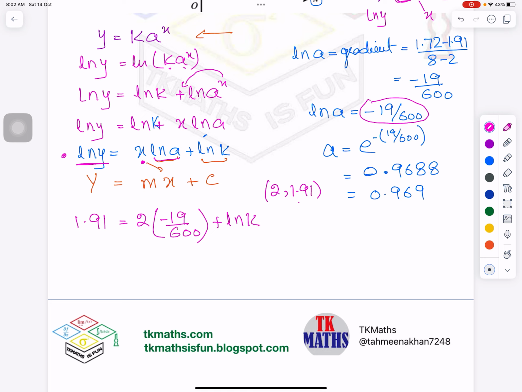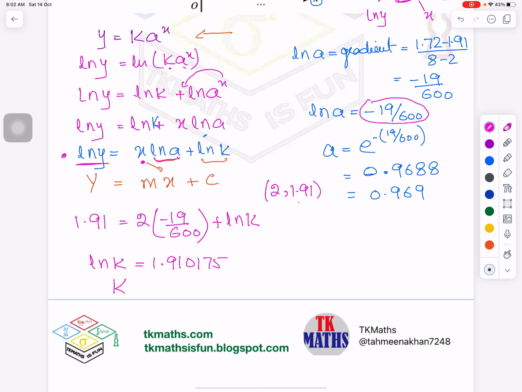Now this I will calculate here. Let me calculate very quickly. 1.91 plus 2 times 19 divided by 600. So I got ln k equals 1.910175. I'm just writing it for you. In the calculator, I will keep the same thing, right?